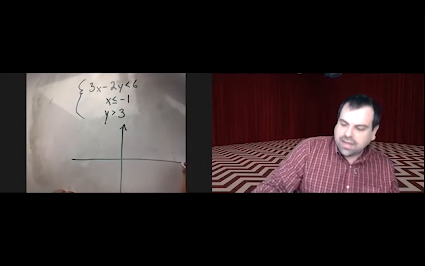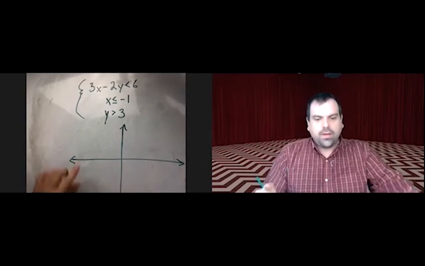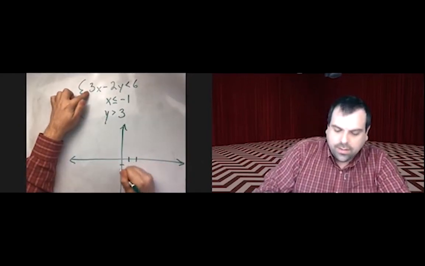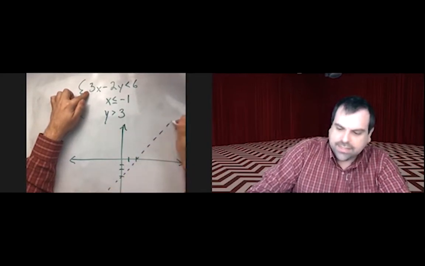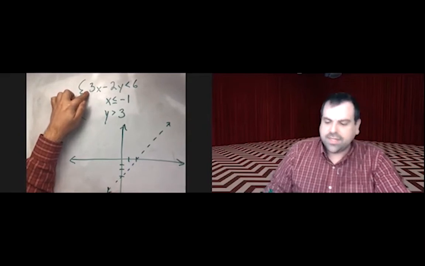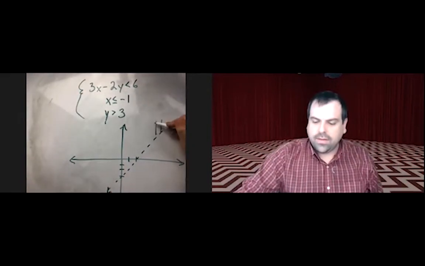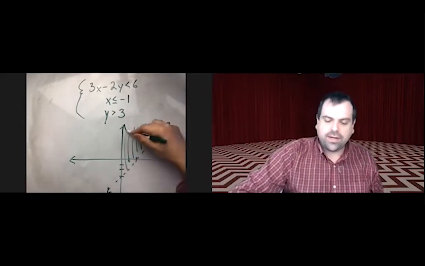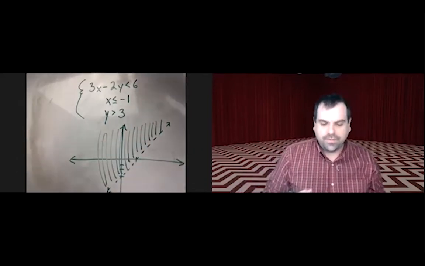We would solve this graphically. 3x minus 2y is less than 6. We saw was this inequality. The side with 0, 0 was included, so we shaded above.